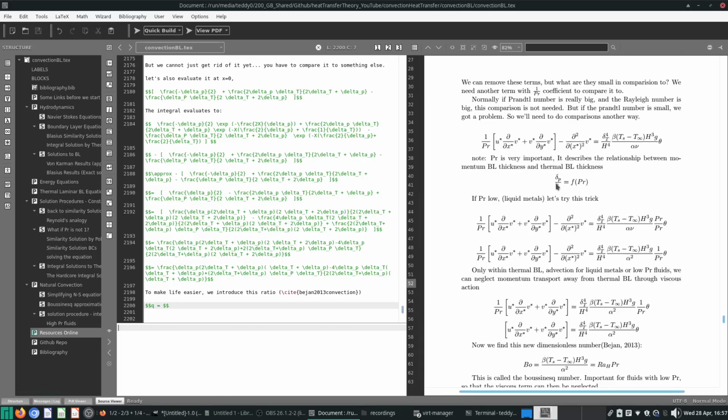Yeah, this term, dp over dt, is equal to some function of the Prandtl number. So we like to call this thing, for high Prandtl number fluids anyway, delta t over delta p over delta t.